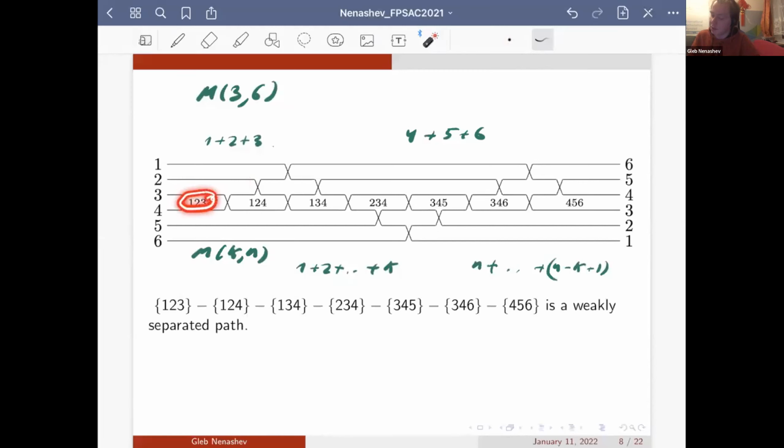Here is sum 6, here is sum 7, here is 8, and etc. And therefore, the number of appearances of s_k is at most the difference of these two numbers, and it's exactly k times (n minus k).